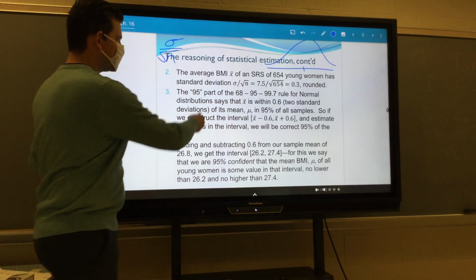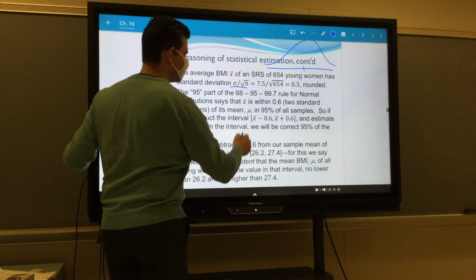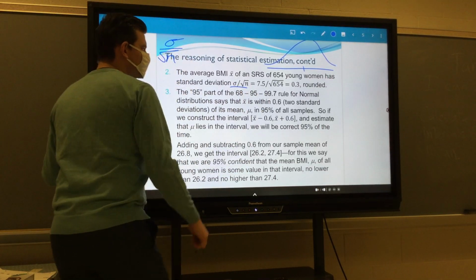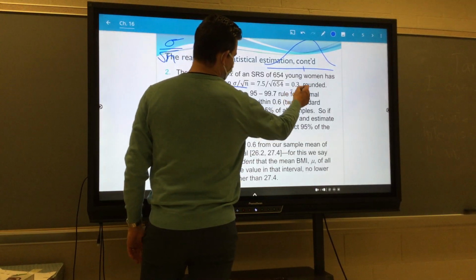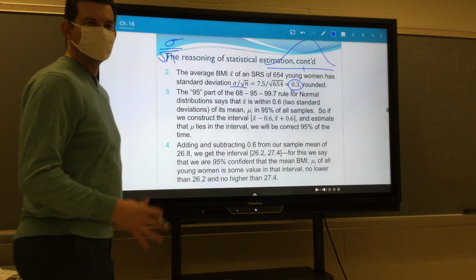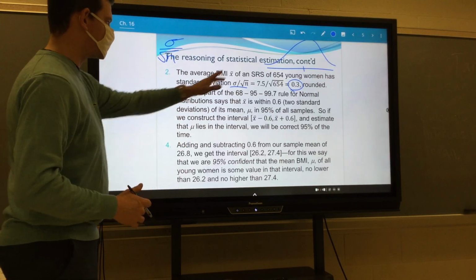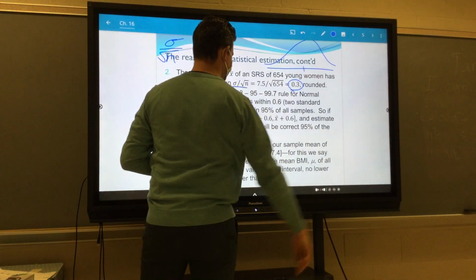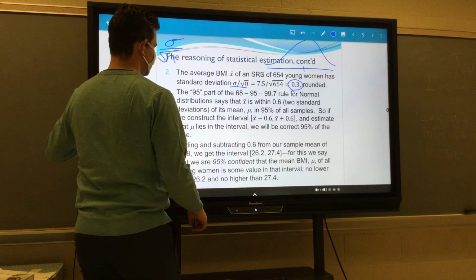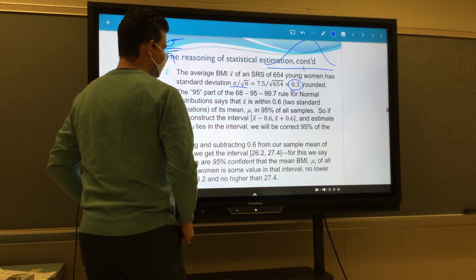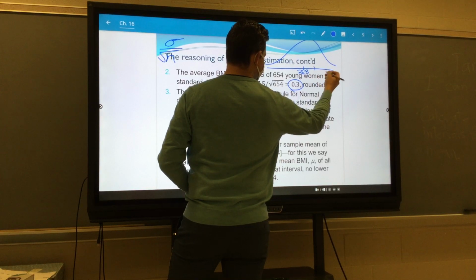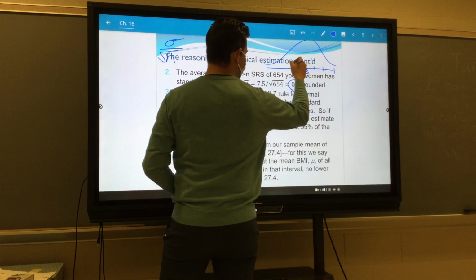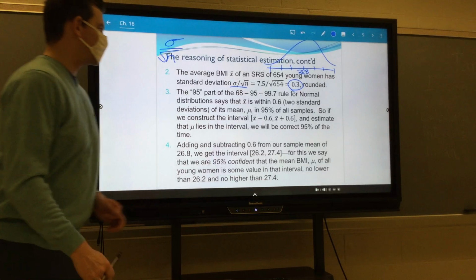So in this case, that standard deviation we see right here, 7.5 divided by the square root of 654, gives us about 0.3 as our standard deviation step size on the sampling distribution. So we had 26.8 right there, step size of 0.3, 0.3, 0.3, going to the left and going to the right.